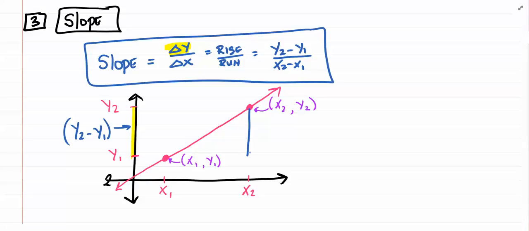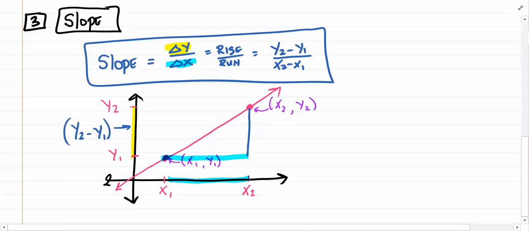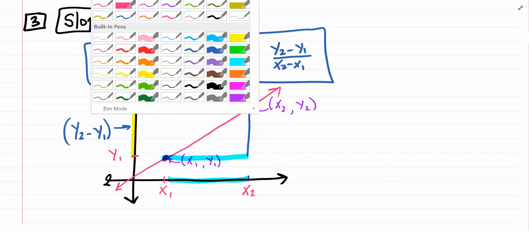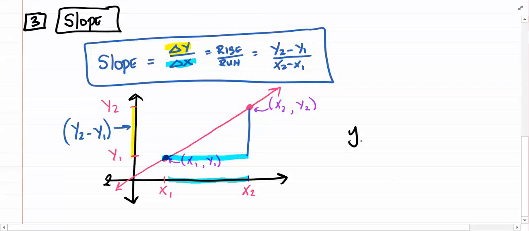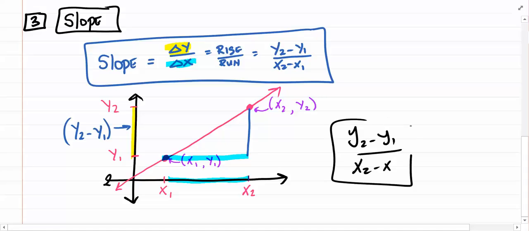Well, the same idea works for the x. If I want the change in x, it's that minus that. So if I bring that up, I can see that it is right there. Since slope is a ratio of the change in y over the change in x, that's where the formula comes from. We get y2 minus y1 over x2 minus x1. So this is our slope formula for any two generic points in the plane.